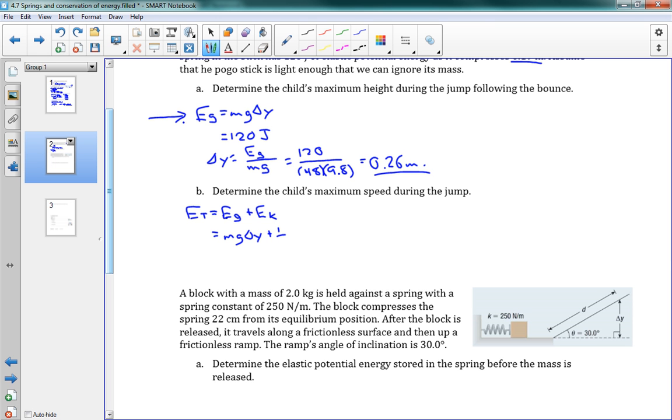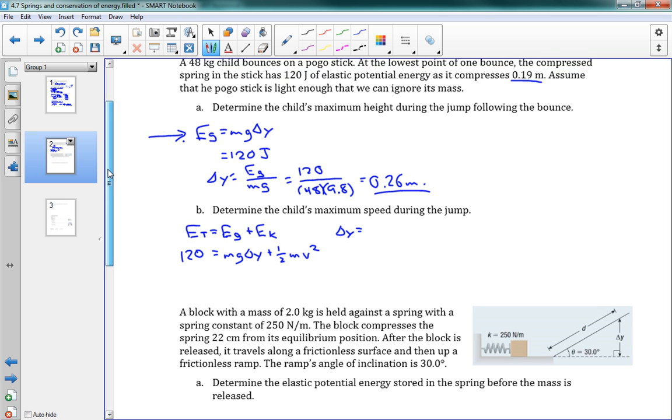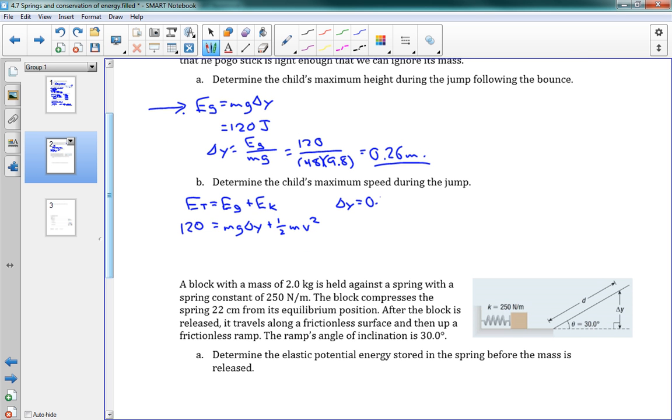plus 1/2 mv squared. And our total energy, the total that we have to work with, is 120 joules. Now our delta y in this case is going to be 0.19 meters above the ground.